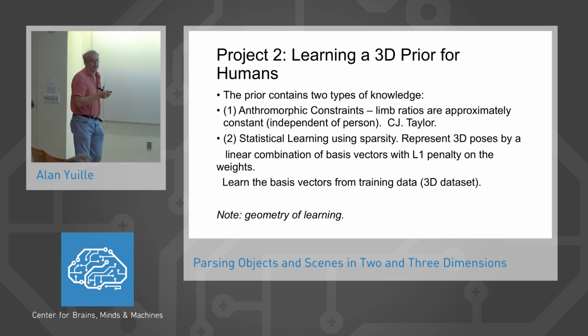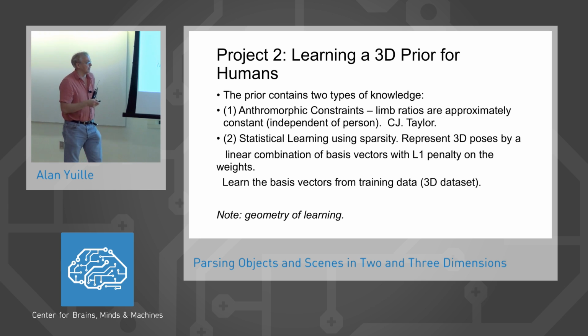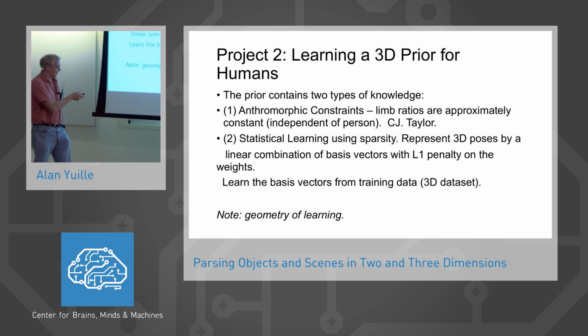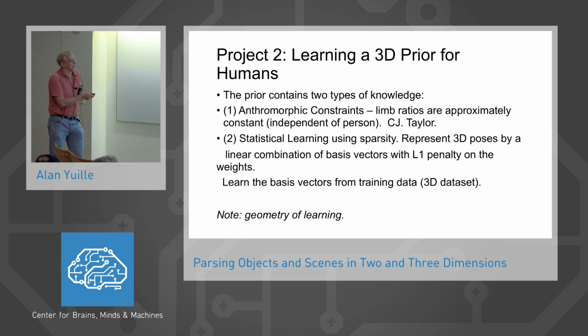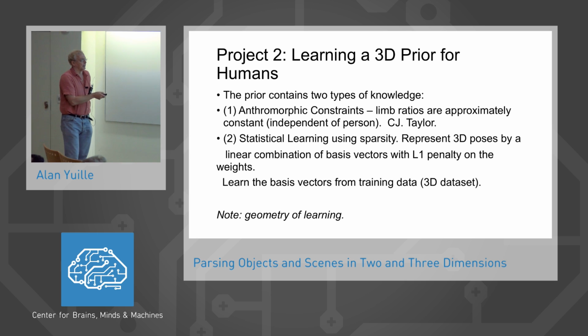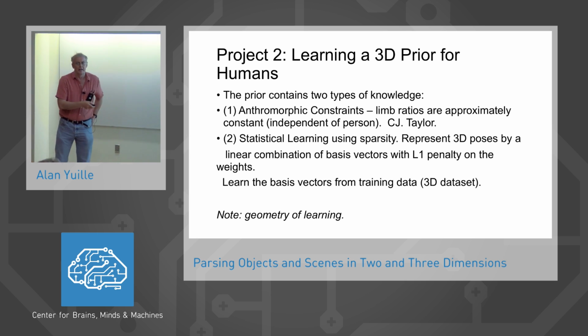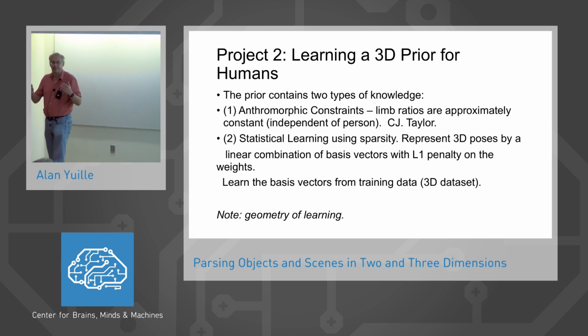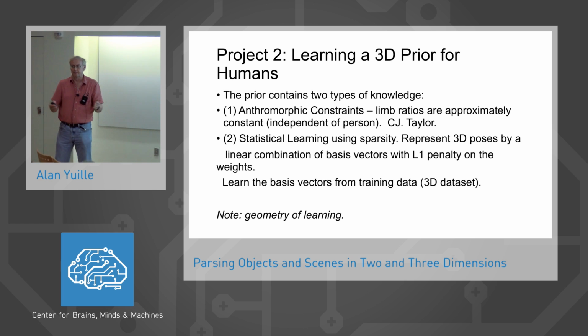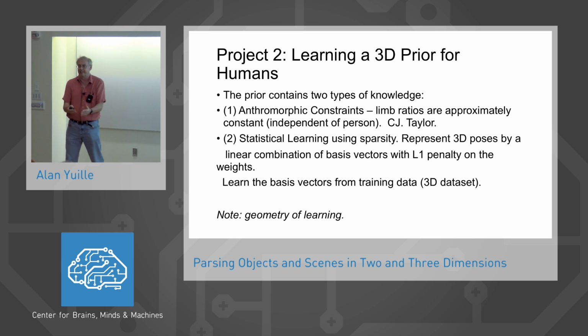That, however, is not enough to give you the 3D model, so you need extra things there. What we were doing was a method of statistical learning using sparsity. You represent 3D poses by linear combinations of basis functions. At first sight, that shouldn't make much sense, because the set of poses is not a linear space.